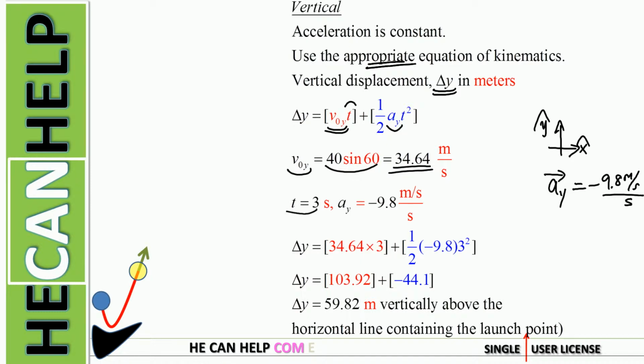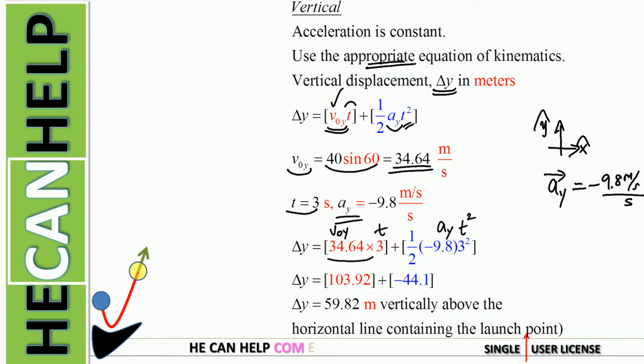We are told that the time is 3 seconds. So we have the initial vertical component of the velocity vector, we have time, and we have acceleration along the vertical, which is negative 9.8 meters per second squared. Substitute the numbers that we know: this is the initial vertical component of the velocity vector, this is time, this is acceleration along the vertical, this is time squared.